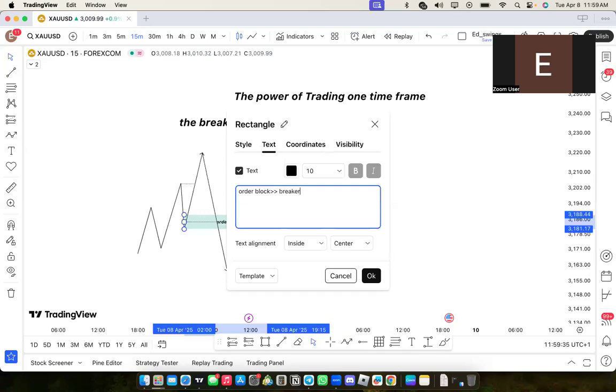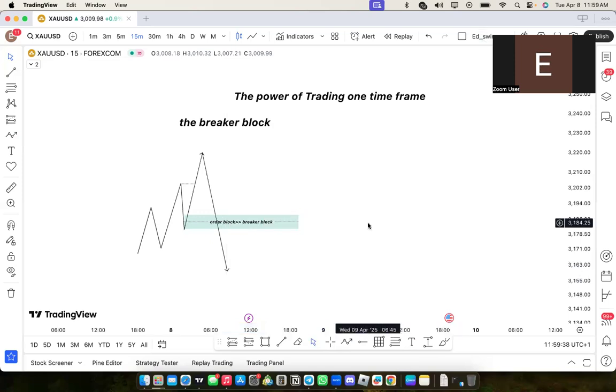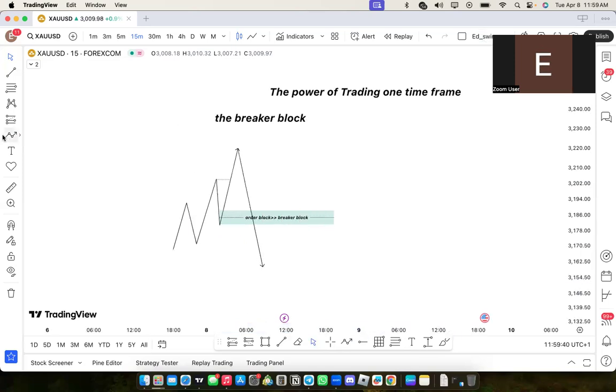Now a breaker block. So that level is still very important. Now, the key to this thing that most people don't pay any interest to or any importance to is once they've seen their breaker block, they just wait for price to just come back and they expect price to just sell. Now, the question many people will ask is, do I get in here, right?